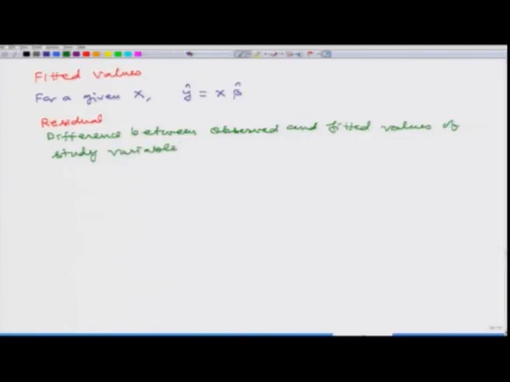On the same lines, I define epsilon hat as y minus y hat.